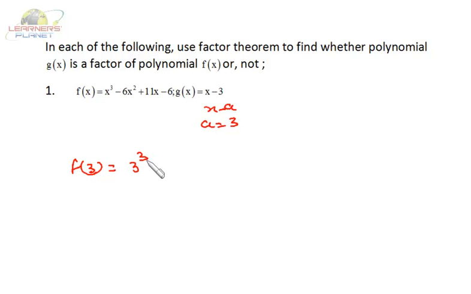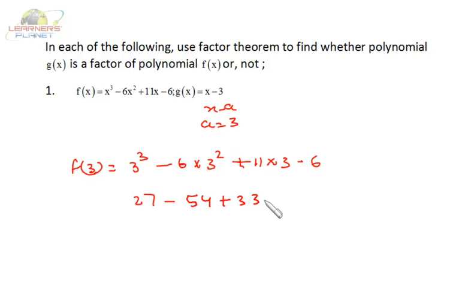So it's 3 cube minus 6 into 3 square plus 11 into 3 minus 6. So it is 27 minus 3 3s are 9, 9 6s are 54, plus 33 minus 6. So it is 33 plus 27, 60, minus 54 minus 6, that is 60 minus 60 is 0.